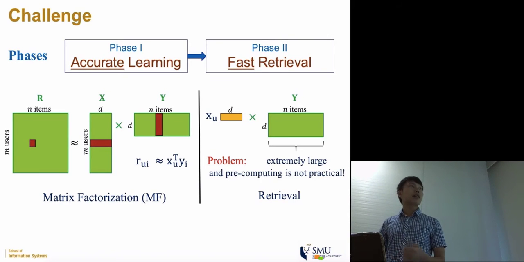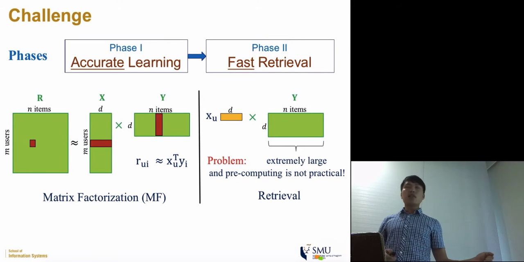And you can say that you can do pre-computing, but in real systems it turns out that pre-computing is not practical, because in some systems you don't have the user vector until the time of the retrieval phase, meaning that you can only get the user vector when you do the recommendation. So pre-computing is not practical in this case.